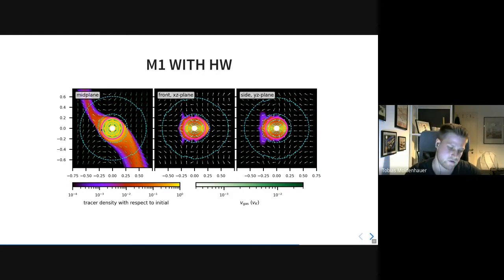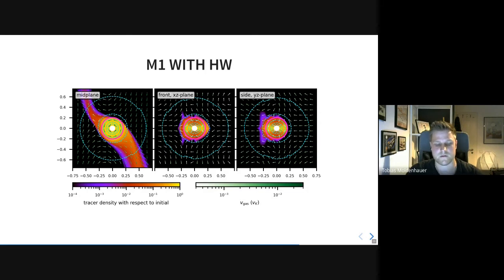The leading horseshoe recycles less gas than the following horseshoe, and it also results in an asymmetric atmosphere in general. But we will in a second analyze what this means for recycling.